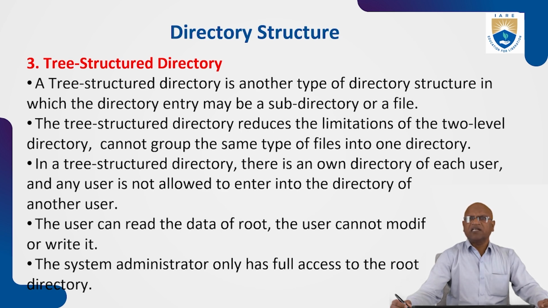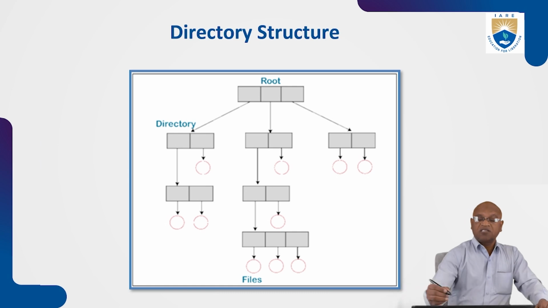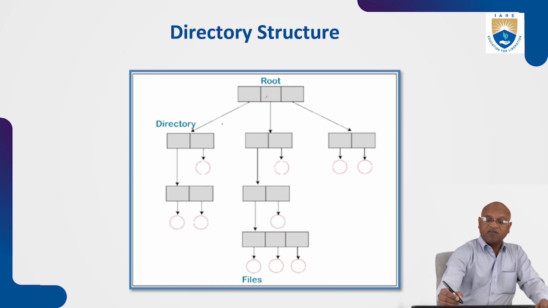The user can read data of the root, but the user cannot modify or write it. The system administrator has full access to the root directory. So these are the tree structure. You will see this is a tree structure. This is a root, and this is directory 1. This is the root directory.